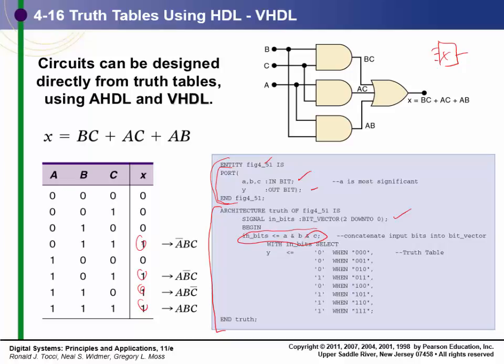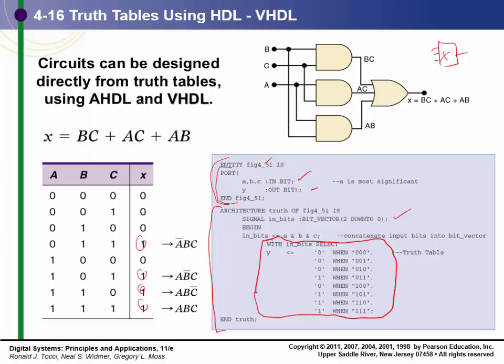Then we have our next line, and this is the key thing: with this bit vector, select Y to be what for each combination.